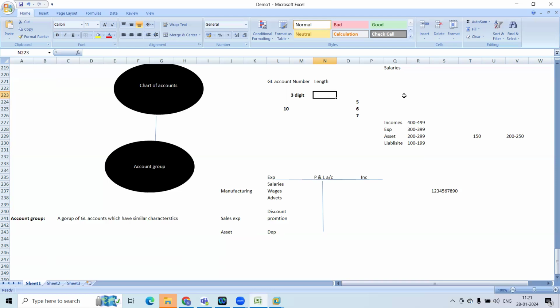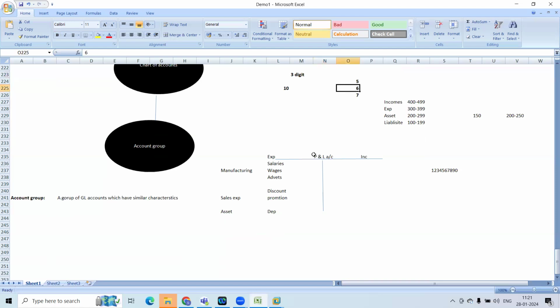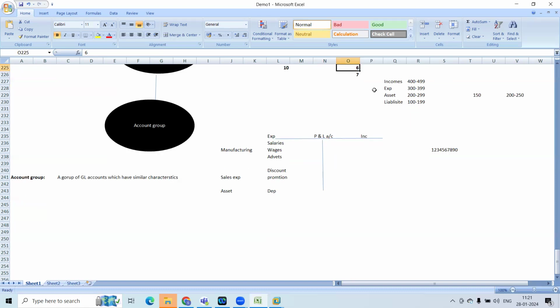Based on that, you need to decide and suggest to your client which is the best one. They don't know whether they need to follow 3 digit or 4 digit or 5 digit. Okay, you will follow 6 digit GL account. It's not mandatory that you should follow 6. Other companies may follow a different way.